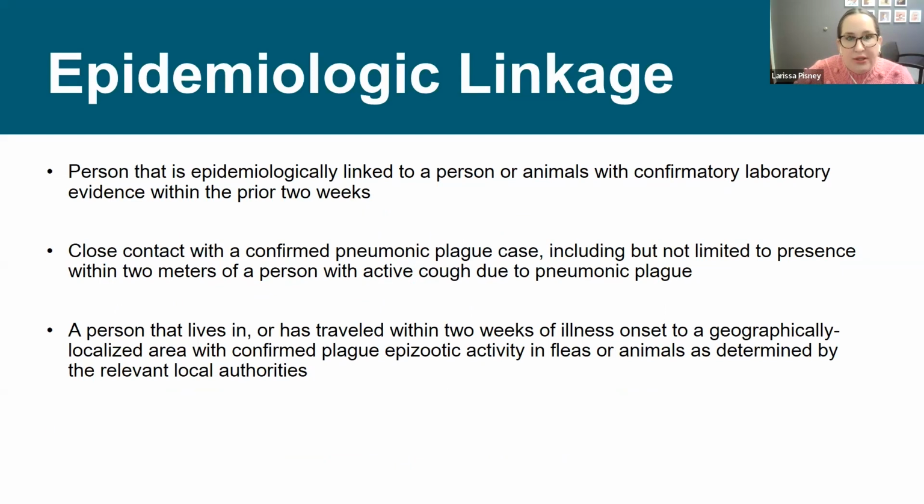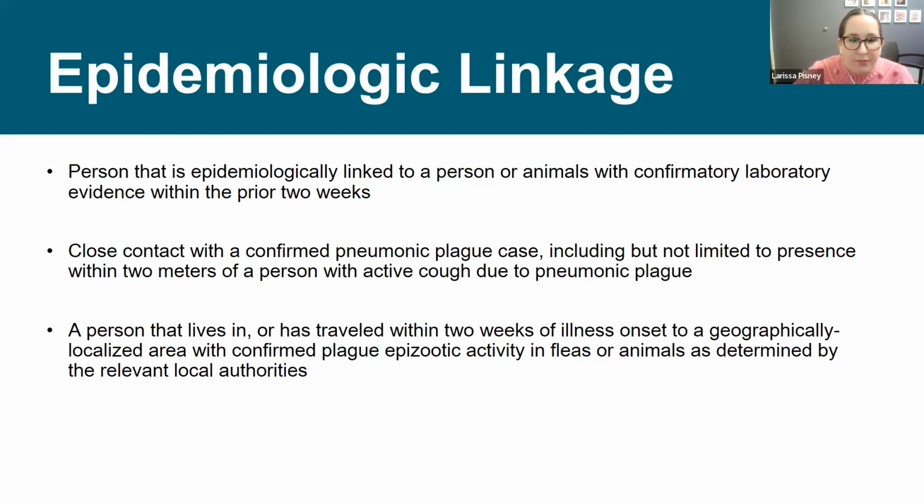So really quickly, in terms of epidemiologic linkage, in the context of public health diagnosis, this is a person that's epidemiologically linked to either a person or an animal with a confirmed case by laboratory evidence in the last 2 weeks.